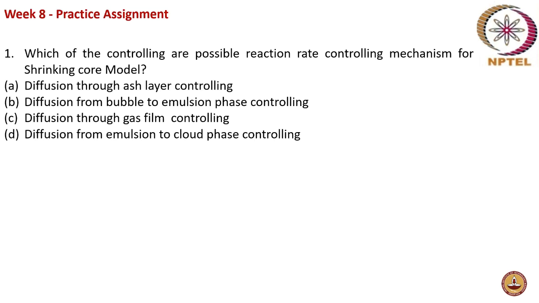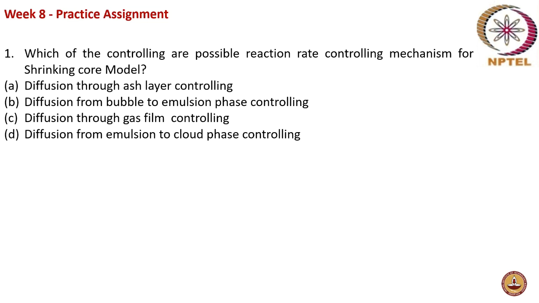So, which of the controlling mechanisms are possible for a reaction rate controlling mechanism for a shrinking core model?